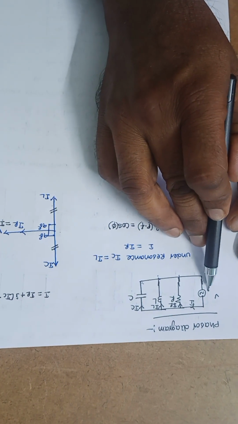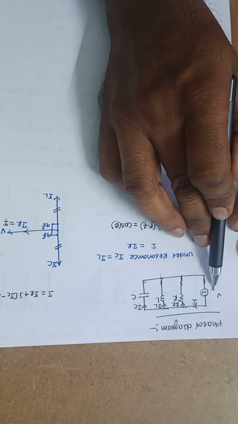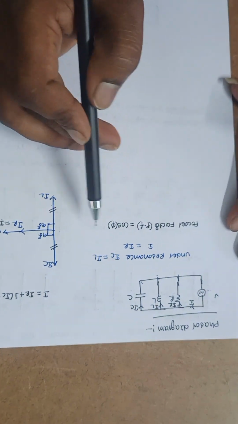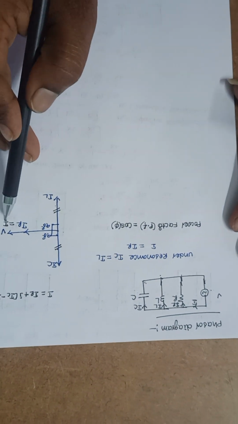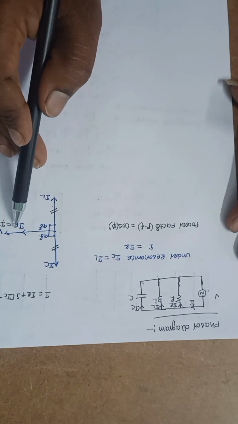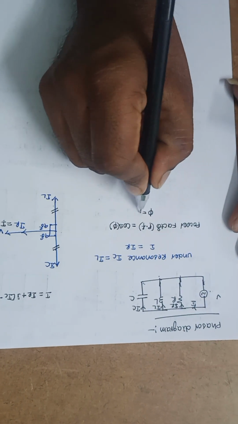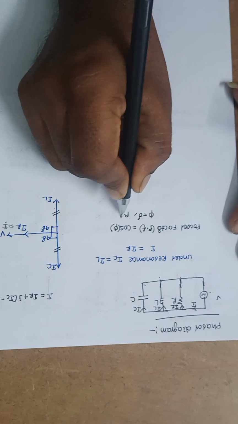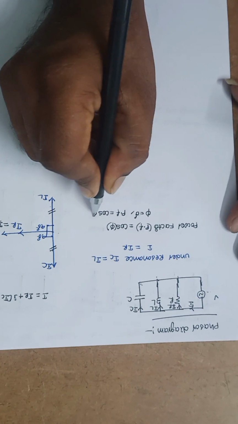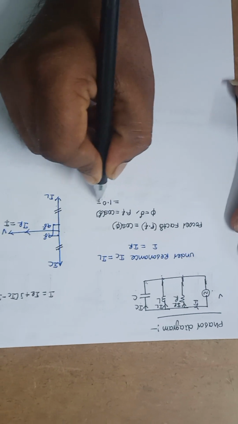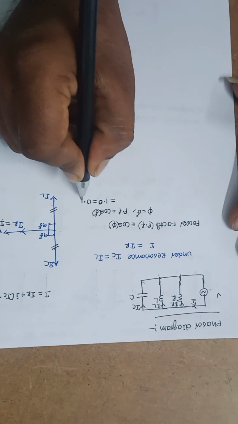Here the supply voltage is V and the supply current is I, both in the same direction. So the angle between them is 0 degrees, and the power factor is cos 0 degrees, so it is 1. Unity power factor.